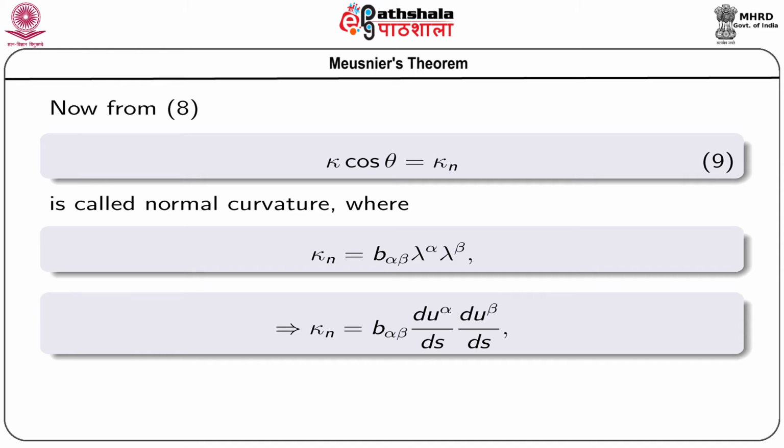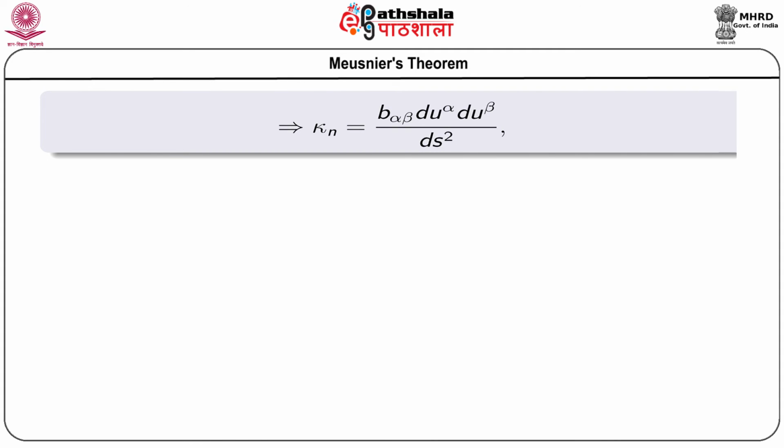So, kappa_n becomes b_alpha beta du^alpha du^beta by ds squared. Now, ds squared is the first fundamental form of a surface, and we know that ds squared equals a_alpha beta du^alpha du^beta.